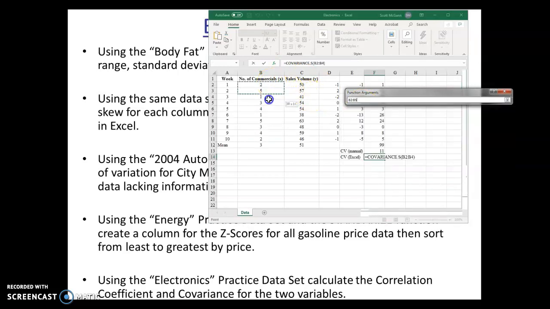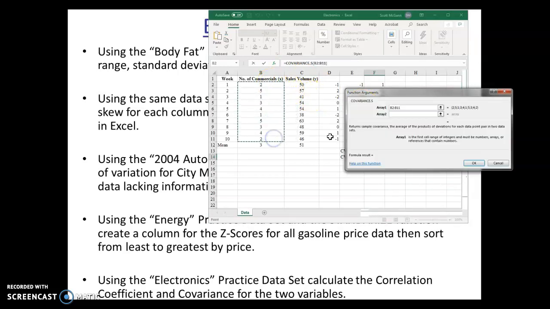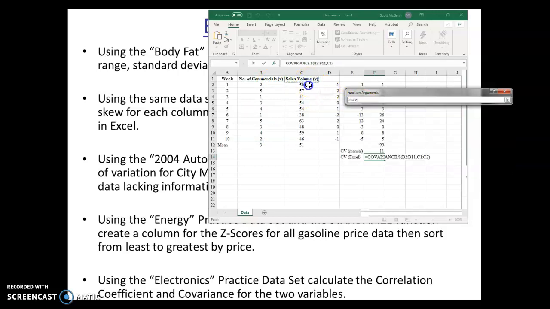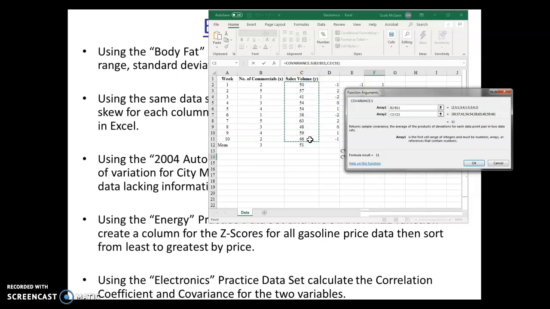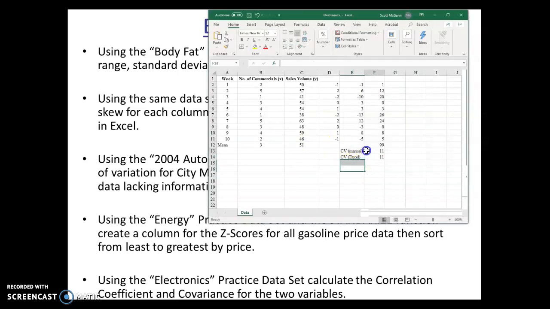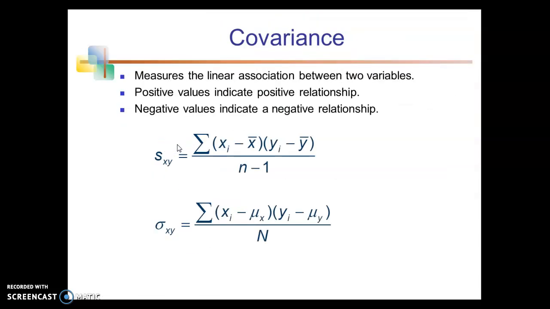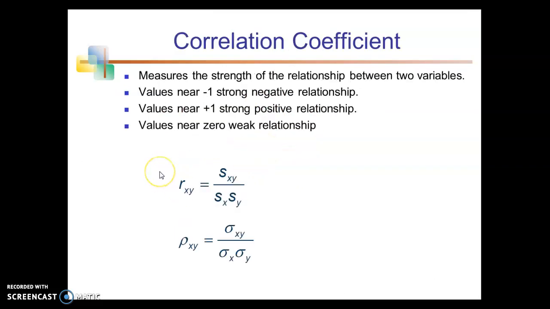Our first array is going to be number of commercials. Second array is going to be our sales volume. And you get 11. So either way works. Of course, this is the one you want to do once you understand what's happening. Now, for those of you that don't recall from another video how I use this formula, it's this one right here. You can go back and visit the prior video if need be.